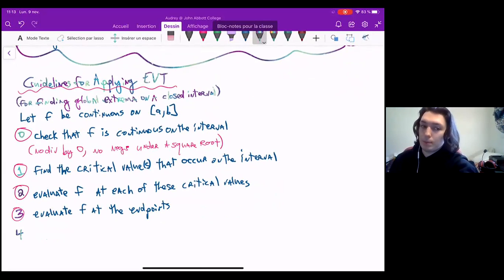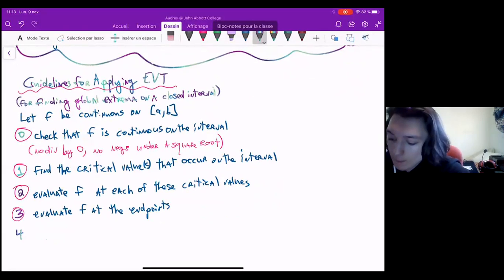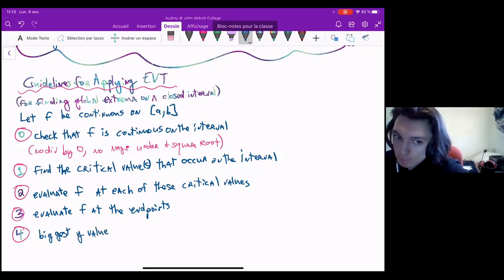Then the biggest y value is the absolute max. Biggest y value is my global max. And my smallest y value is my global min.